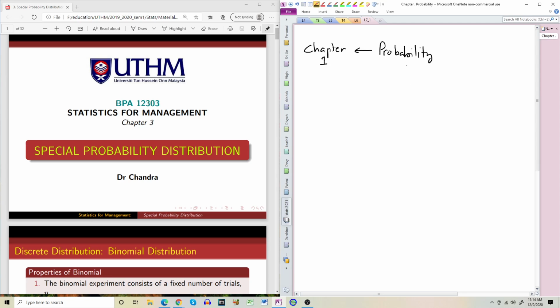Now after that we split this probability into two variables. One is discrete and another one is continuous.